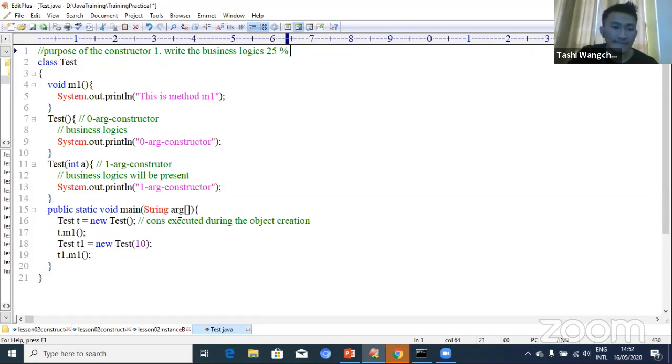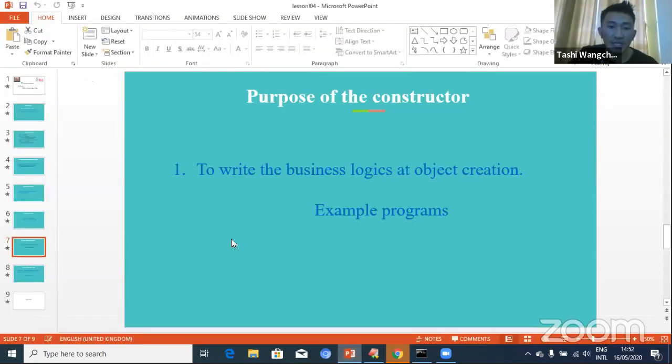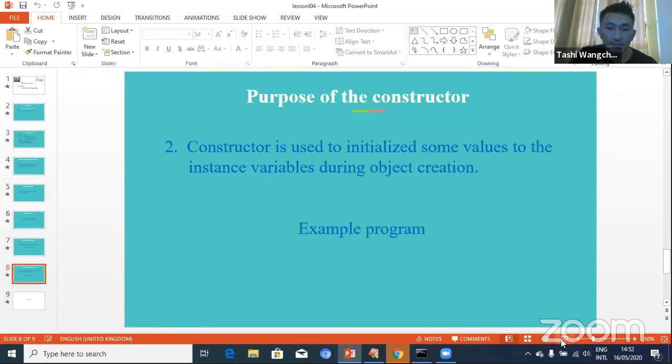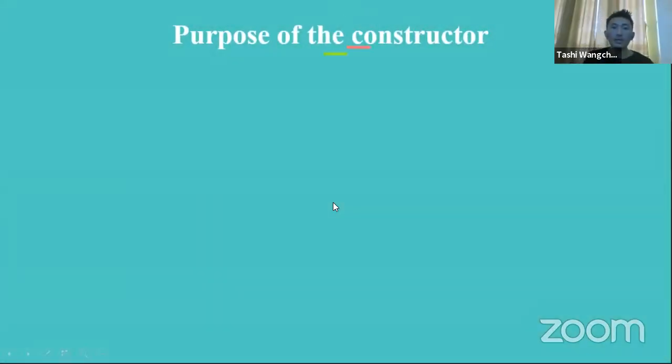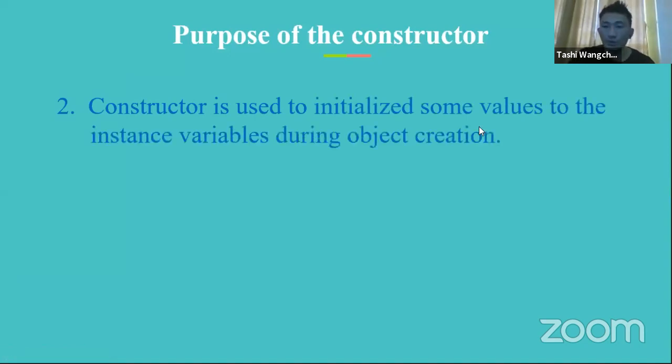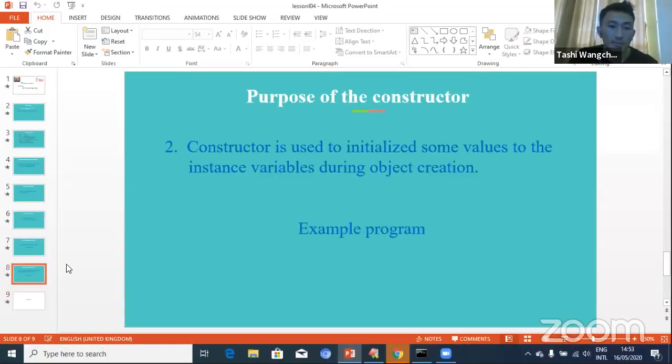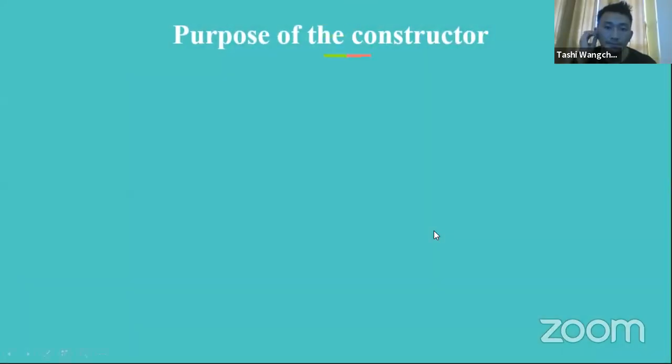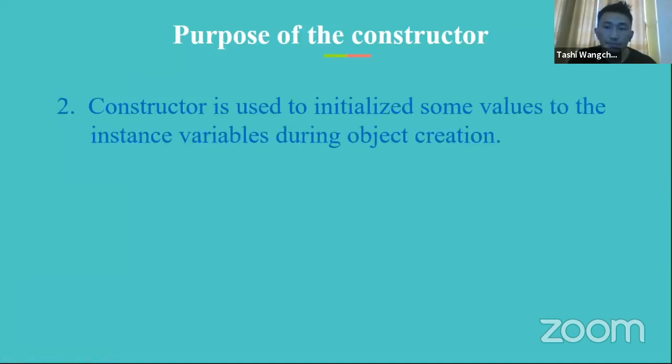Now let's look at the next slide. The purpose of the constructor number 2 is that constructors are used to initialize some values to the instance variables during object creation.